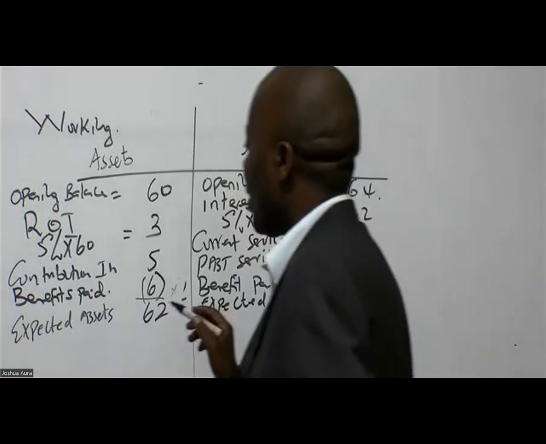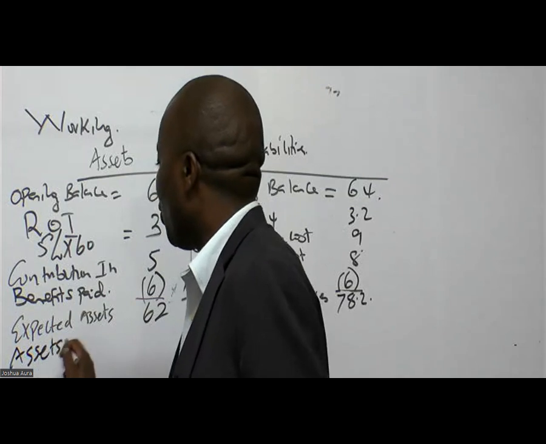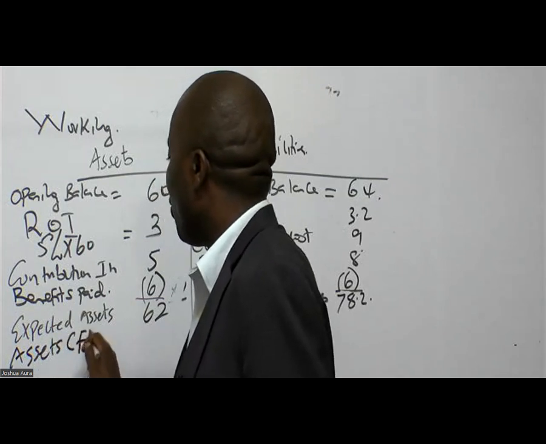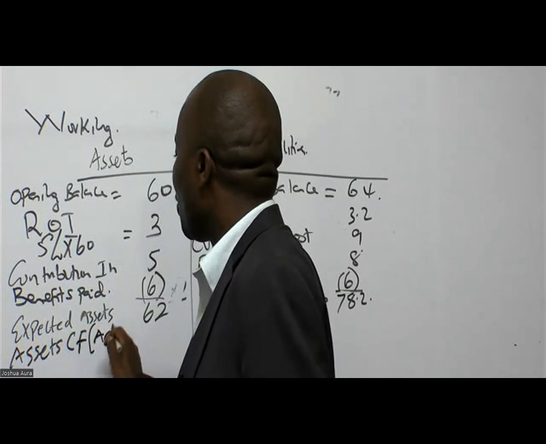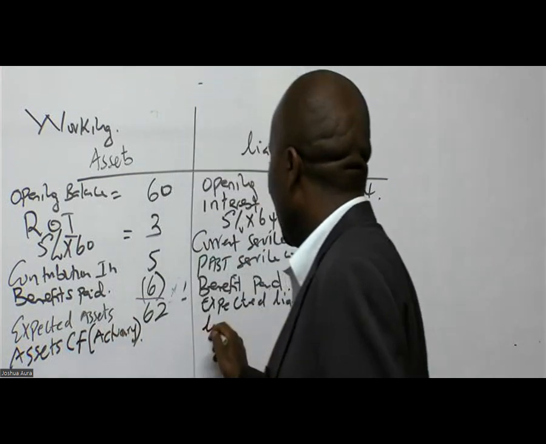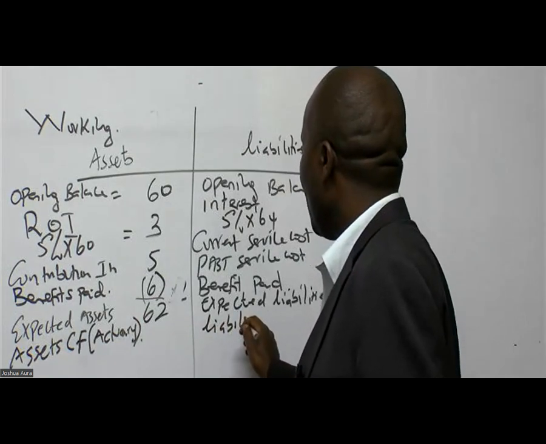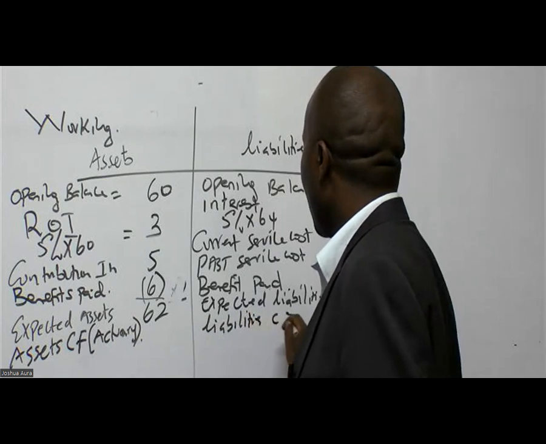So in this case here, what are the assets carried forward? And remember, these assets carried forward must be given to you by the actuary. And also we have here liabilities carried forward.